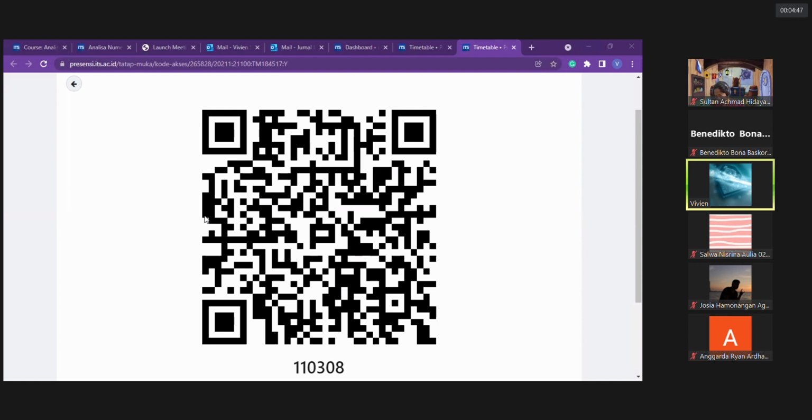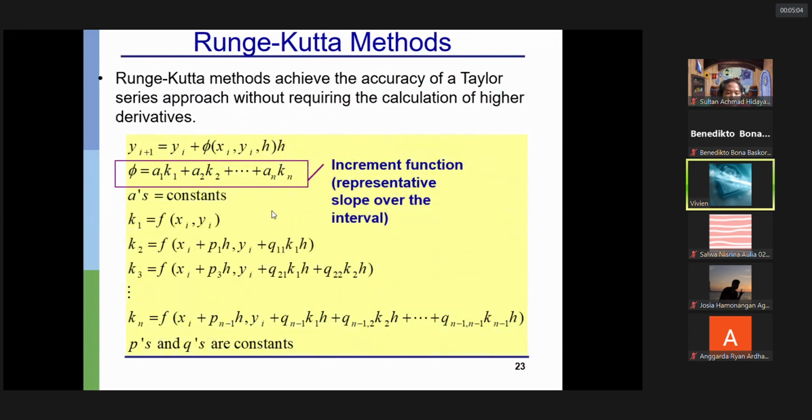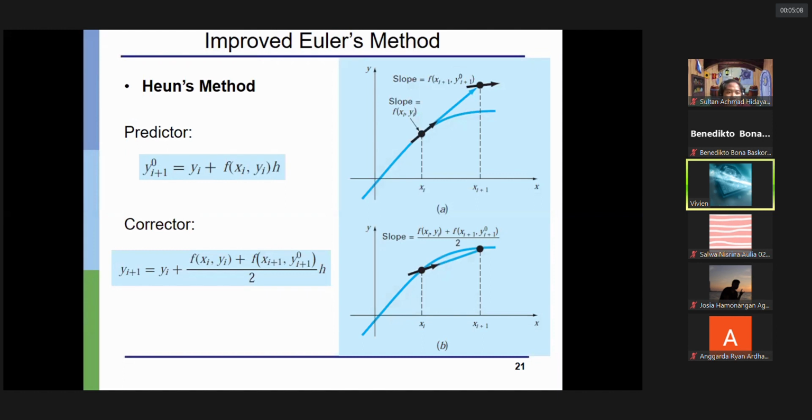The first method we discussed is Euler's method, which is the first order method, the first order Runge-Kutta method, and we can also expand to higher order schemes. So I think we have discussed this last week. Is it correct?